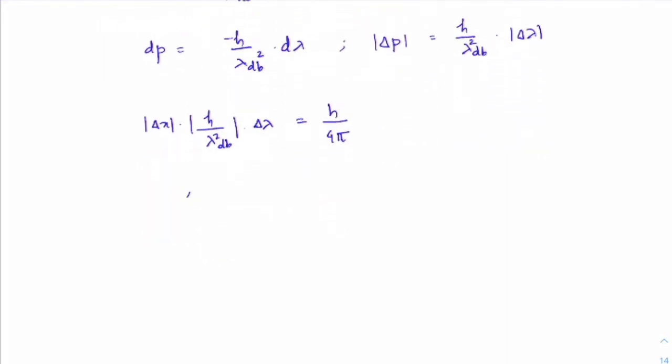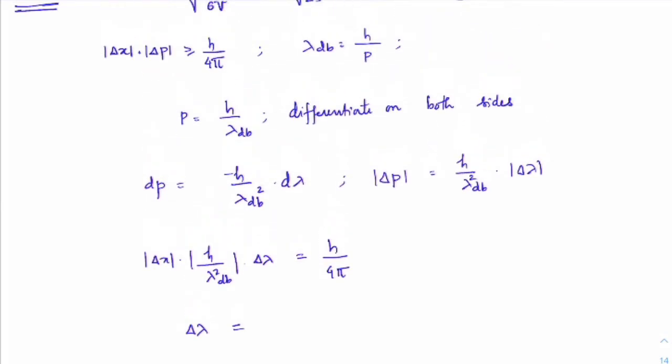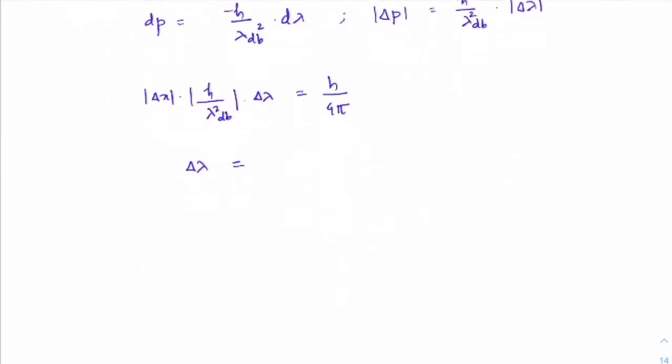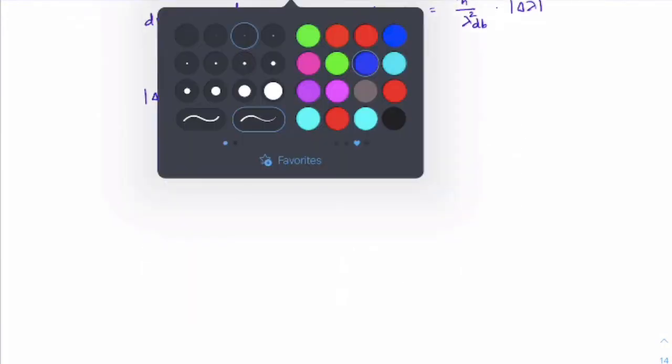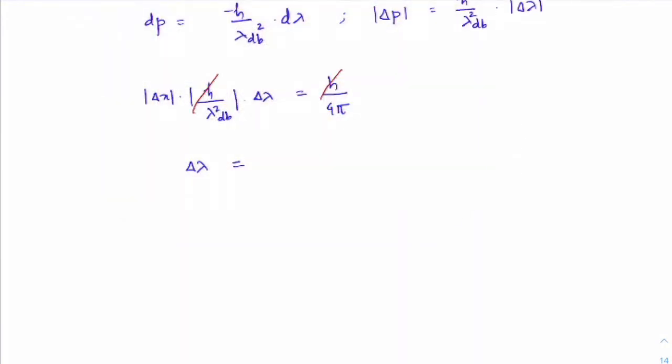So from here I can write this as delta lambda, which is the uncertainty in the de Broglie's wavelength, will be equal to this h. You can see this h will get cancelled here. So we would have lambda square by 4 pi into delta x.